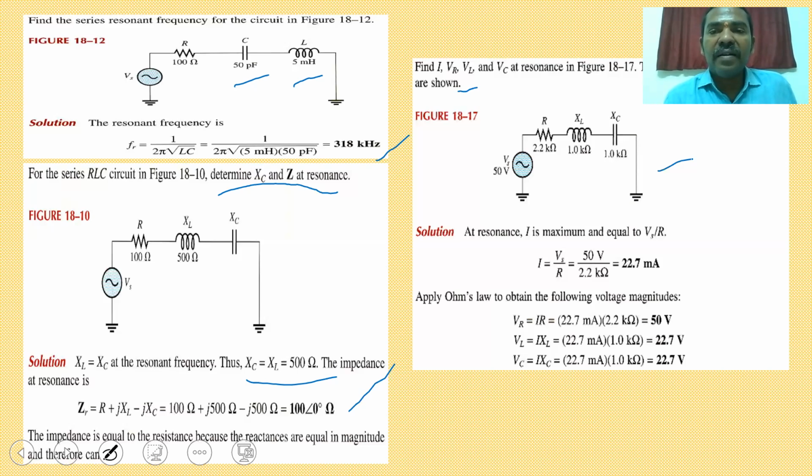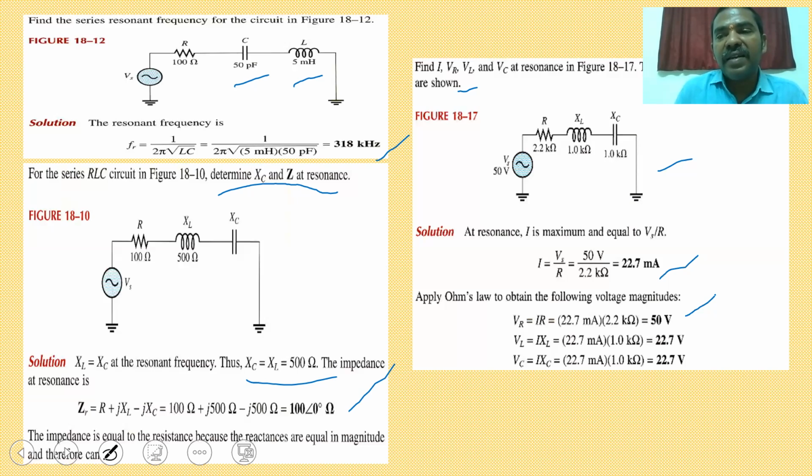So the current I naught is equal to V by R. What is V? 50. What is R? 2.2 K. By substituting that you can get 22.7 milliamperes. Then the voltage drop across the resistor is I into R. So that is 22.7 milliamperes into 2.2 kilo ohms. You can get 50 volts.